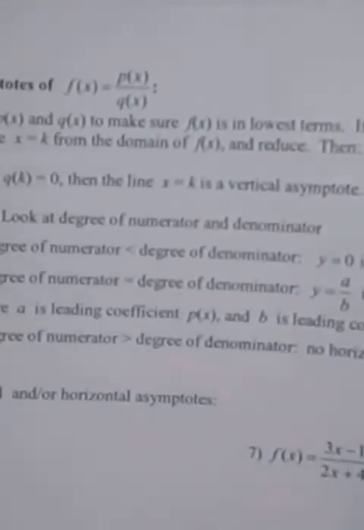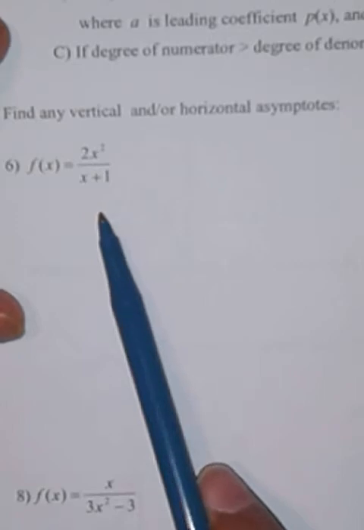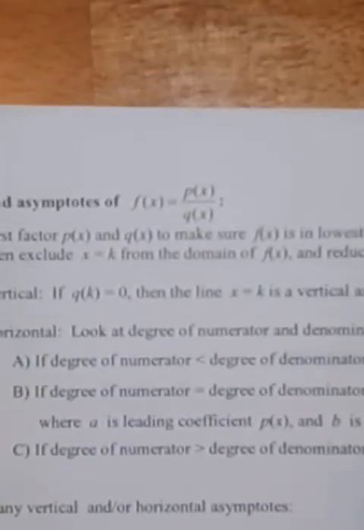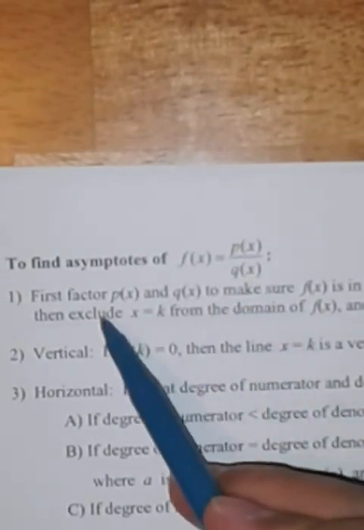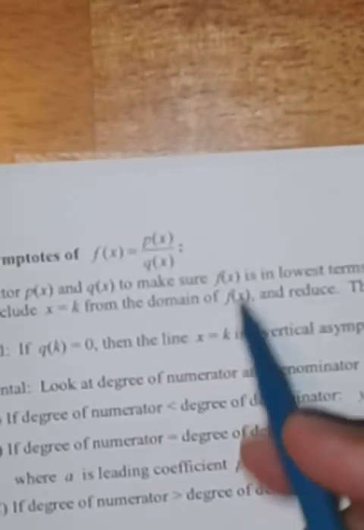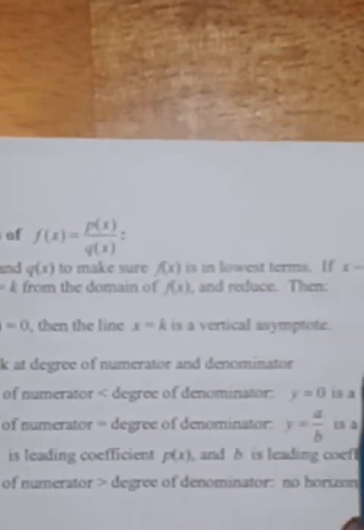So what happens if we do have some rational function in symbolic form? How do we find vertical and horizontal asymptotes if we can't see the graph? Well, we go in the following way. First, we want to factor numerator and denominator and make sure f of x is in lowest terms. That means cancel any factors that are the same.